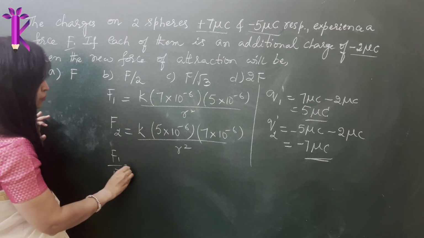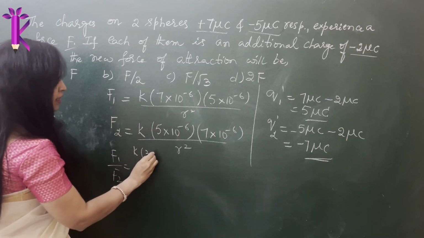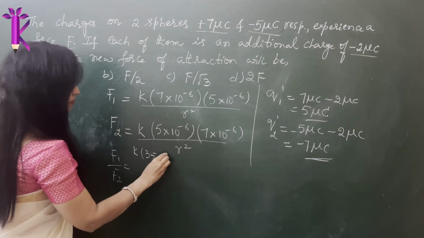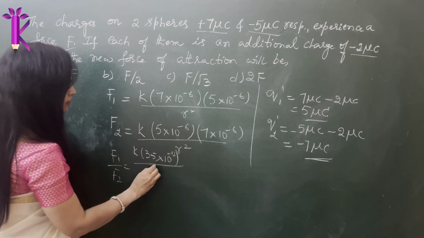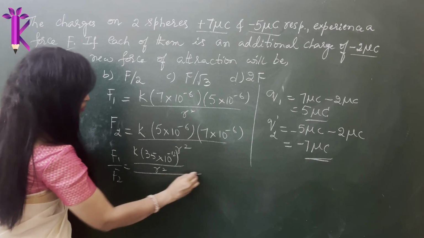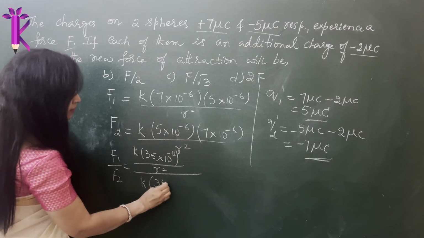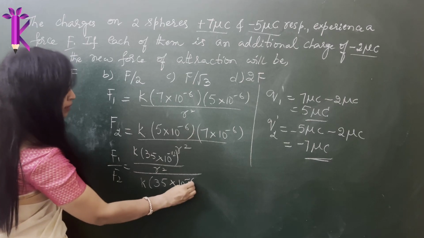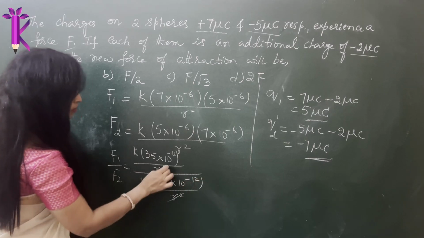F1 divided by F2 will be K into 7 times 5, which is 35 into 10 to the power of minus 6, 10 to the power of minus 6 is 10 to the power of minus 12, whole divided by R square, divided by K into 35 into 10 to the power of minus 12 divided by R square.